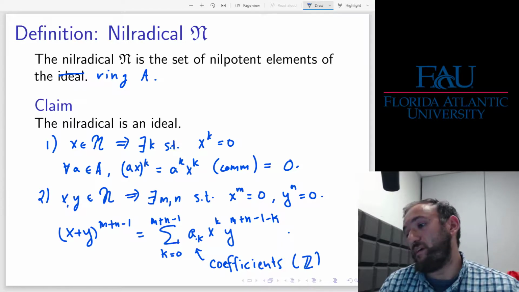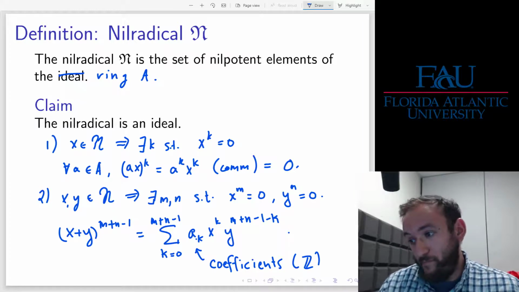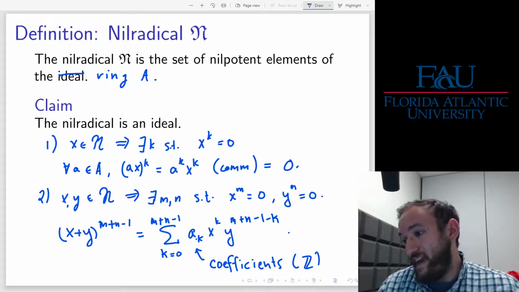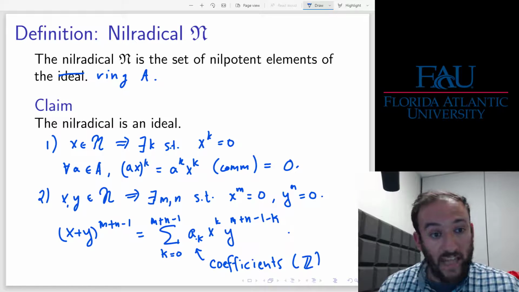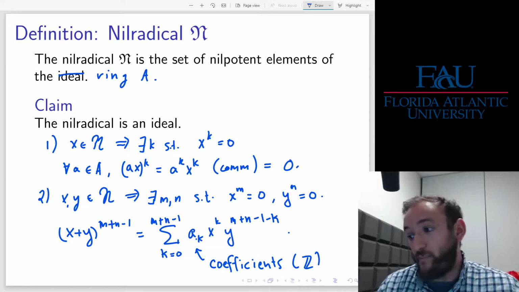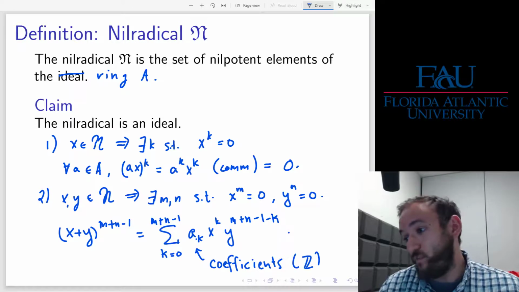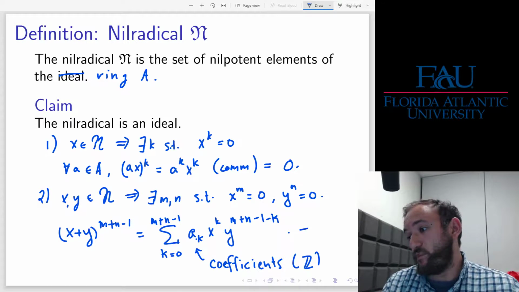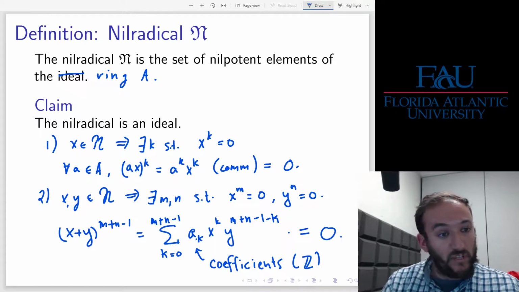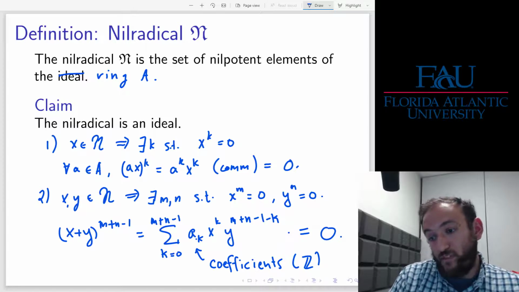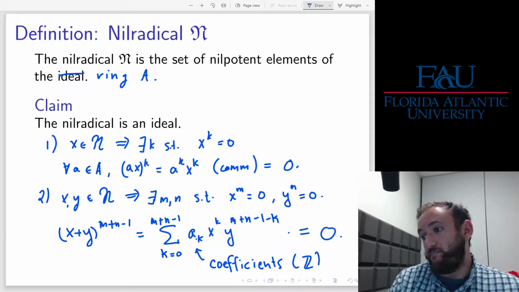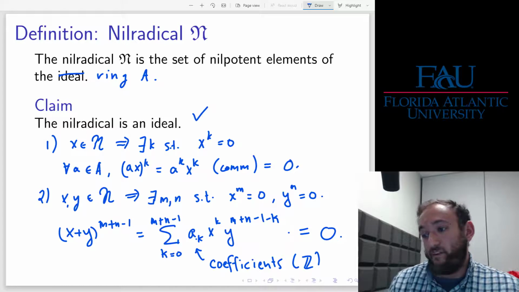As for y to the m plus n minus 1 minus k, if k is smaller than m, so for instance if it's m minus 1 or less, then this is going to have a power greater than n, which means that it'll have a factor of y to the n, which is 0, so all of these terms are going to vanish. So that'll be 0, which means that x plus y itself is in the nilradical, which means that it's closed under addition. So our claim is verified.